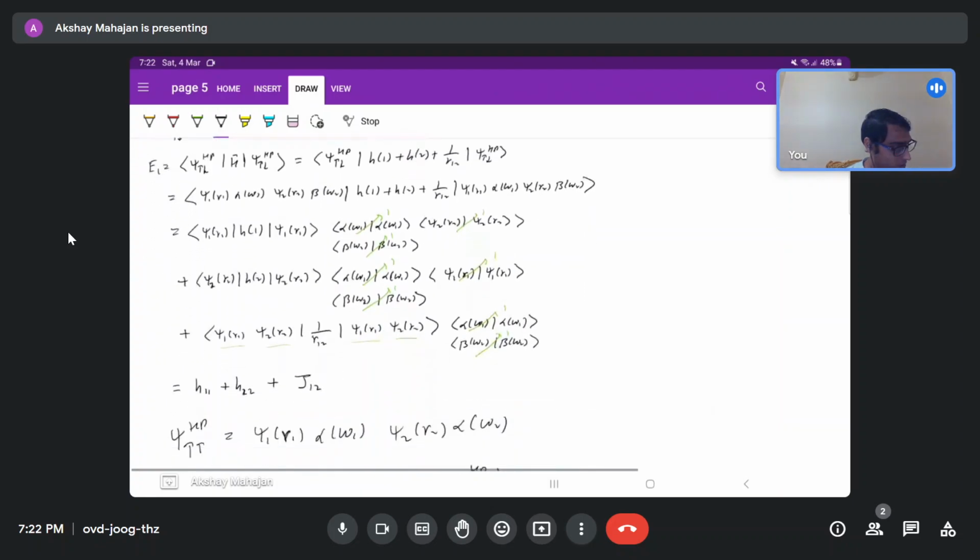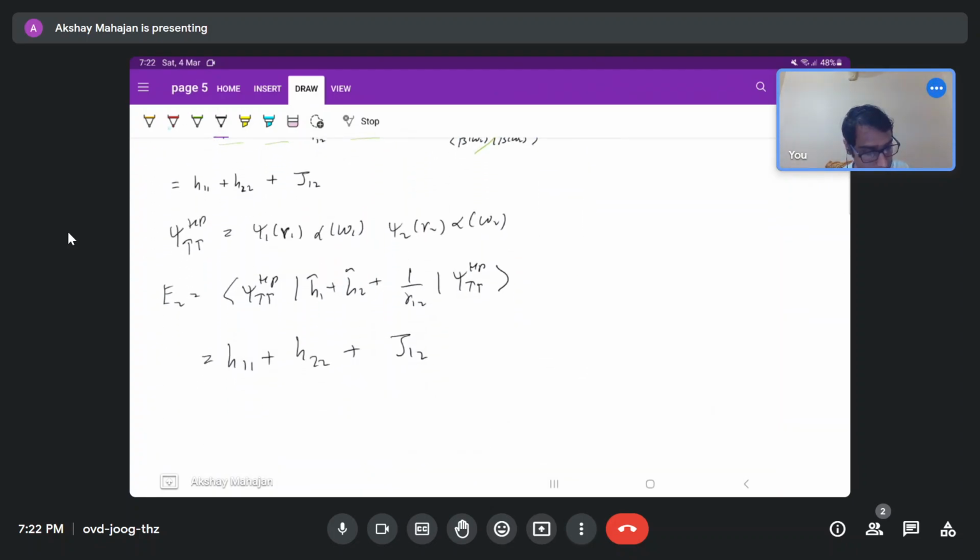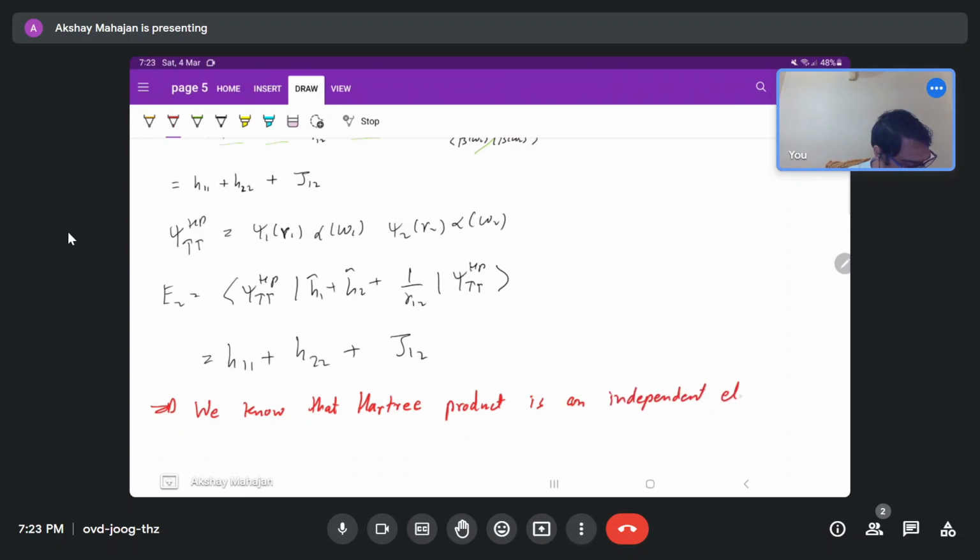And why does this happen? This is happening because the Hartree product is an independent electron wave function.